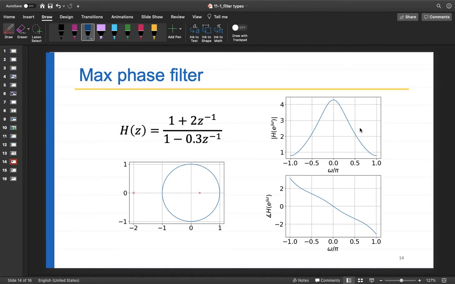Let's take for example this filter which has a zero outside the unit circle. 1 plus 2z inverse, so it has a zero at minus 2, which is here. So this is a zero, and it has a pole at 0.3. So this is the pole at 0.3.